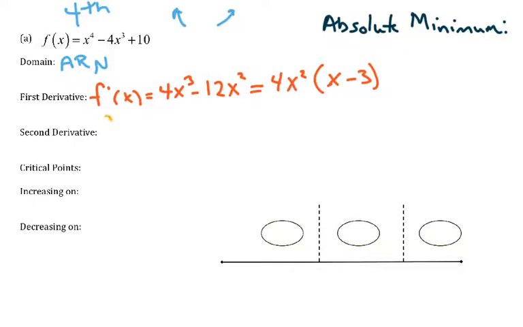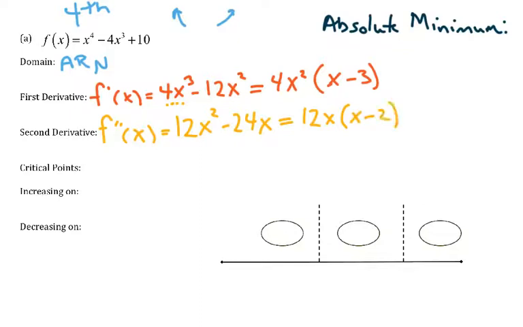The second derivative will be 12x squared, I'm looking right here, minus 24x. I also want to know when the second derivative is equal to 0, so I'm going to go ahead and factor this. Pull out 12x, that leaves me with x minus 2.